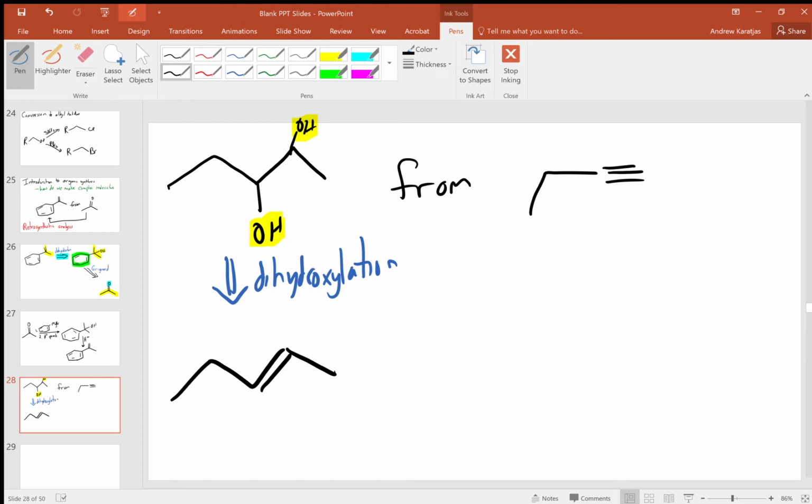Now, here's an alkene. The starting material has an alkyne in it. Well, we've also learned that alkenes can be made from partial reduction of an alkyne.